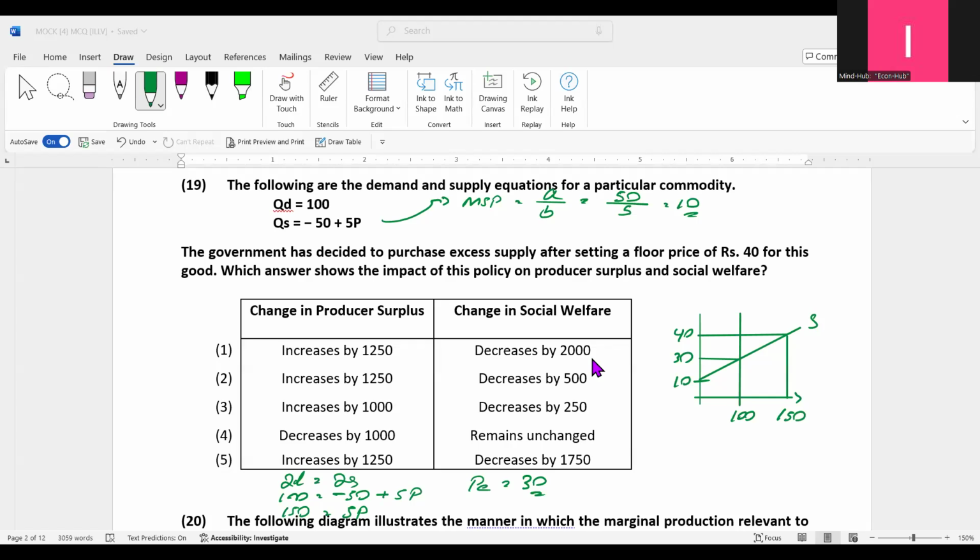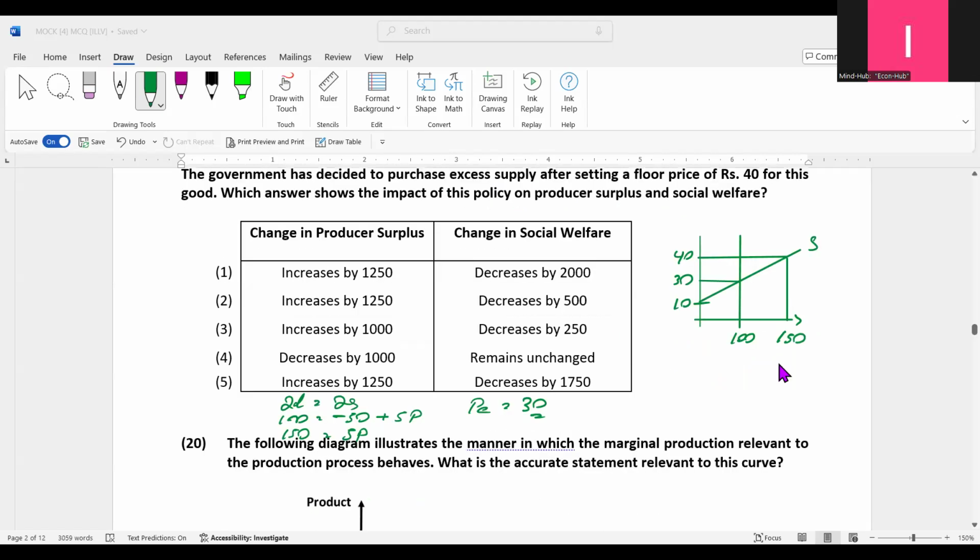So basically all the information we need is now in our diagram. Let's tackle the requirements. First one, change in producer surplus. There is infinite consumer surplus here.